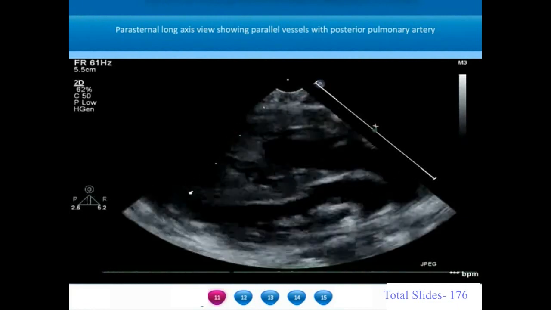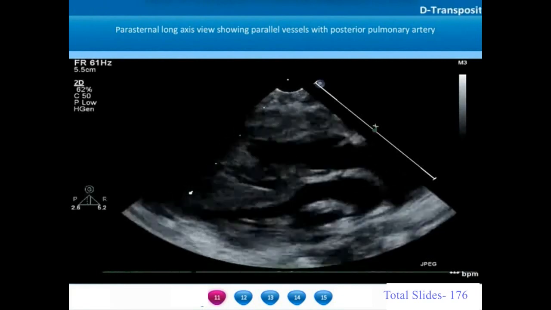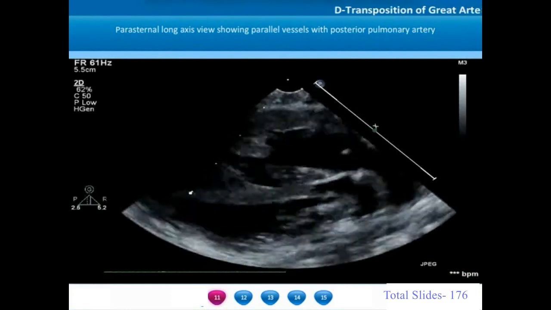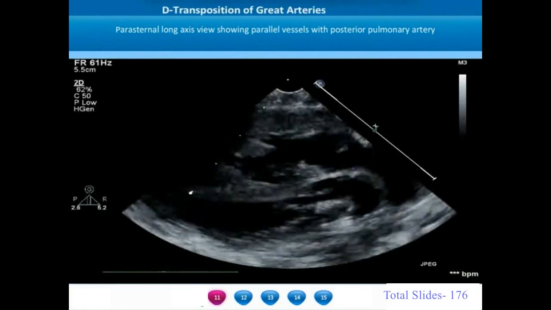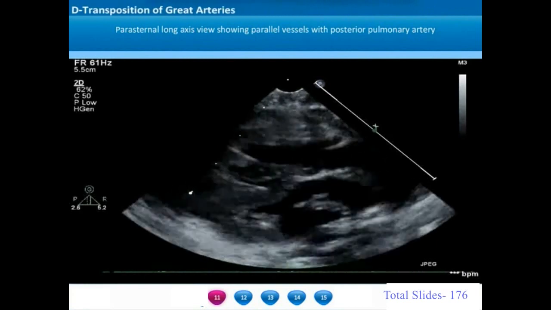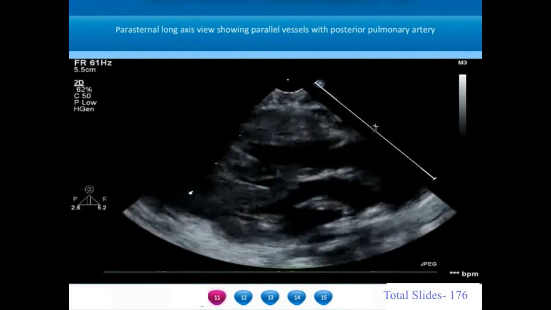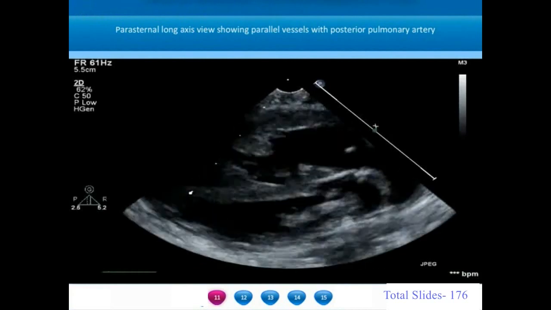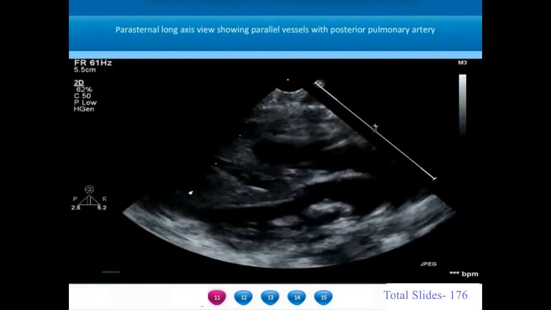This is defined as the pulmonary mitral fibrous continuity. We can also notice that the right ventricular free wall is very thick. The right ventricle supports the systemic circulation and right ventricular hypertrophy is the rule. Both the great vessels, aorta and pulmonary artery, have a parallel course.